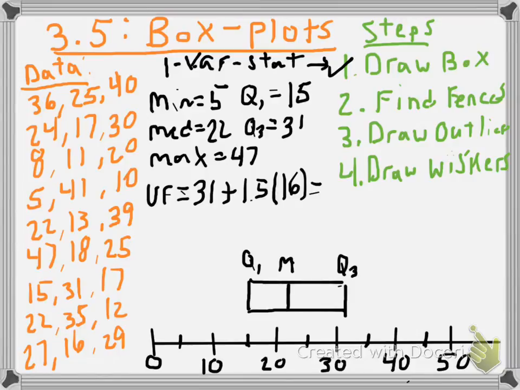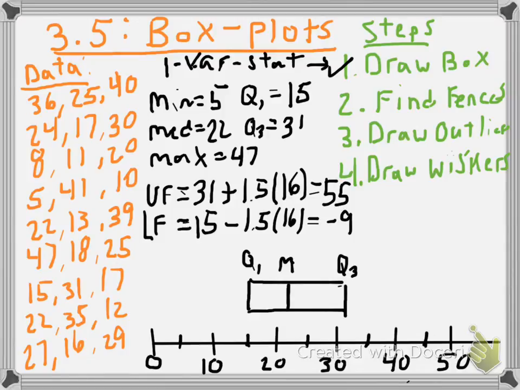The upper fence is 31 plus 1.5 times 16, which is 55. And then the lower fence is always Q1, which is 15, minus 1.5 times the IQR, which is 16. And that is 15 minus 1.5 times 16, and that's negative 9.